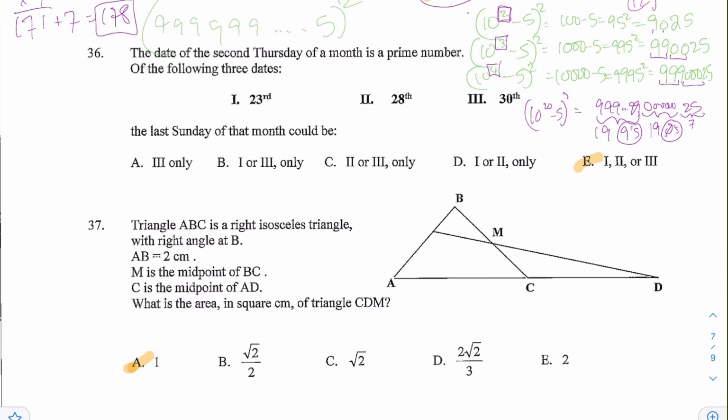Next, for number 36, the date of the second Thursday of the month is a prime number. Of the following 3 dates, 23rd, 28th, 30th, the last Sunday of the month could be. So the second Thursday means that you want to see how many could actually work.